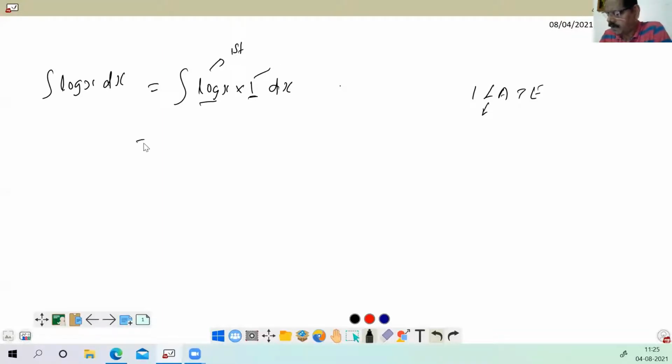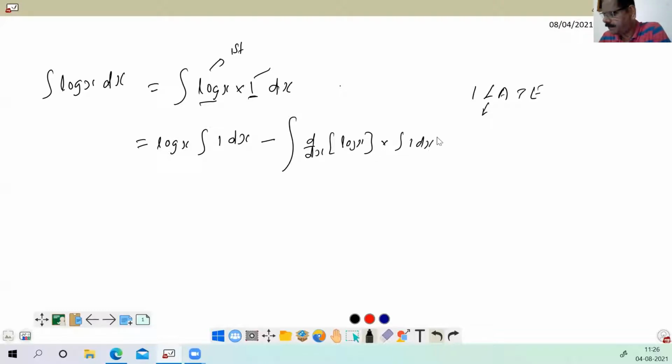So as per the integration by parts rule, first function, that is log x, into integral 1 dx, minus integral of derivative of log x, d by dx of log x, into integral 1 dx, dx.